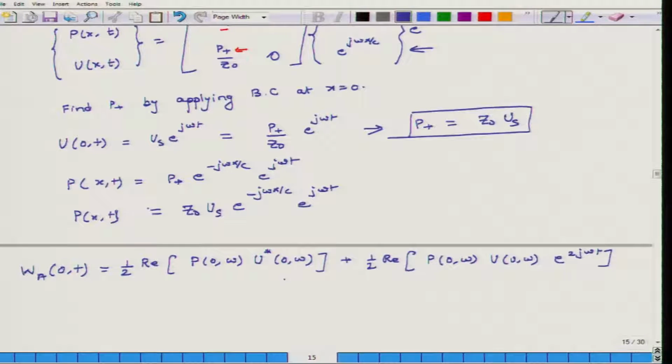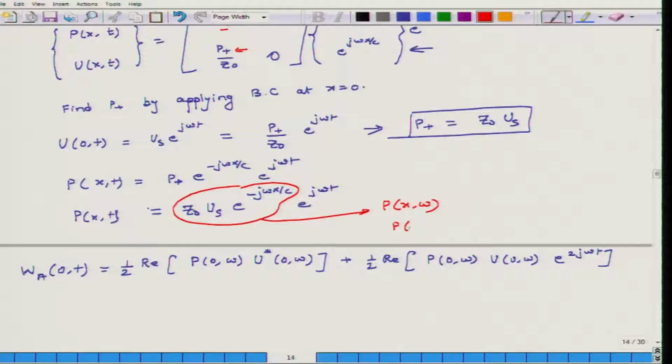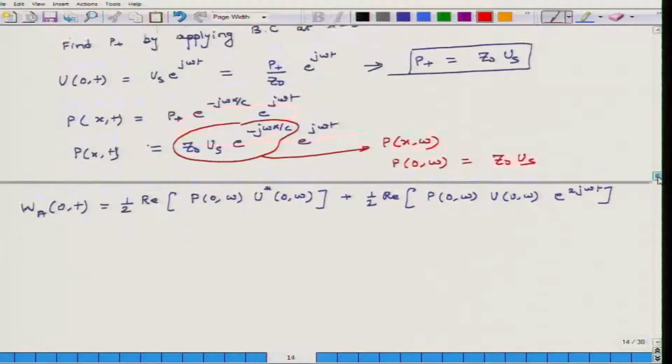In this relation, P of x and omega is the complex pressure amplitude. So, P of 0, omega, I put x is equal to 0, is z naught u_s.